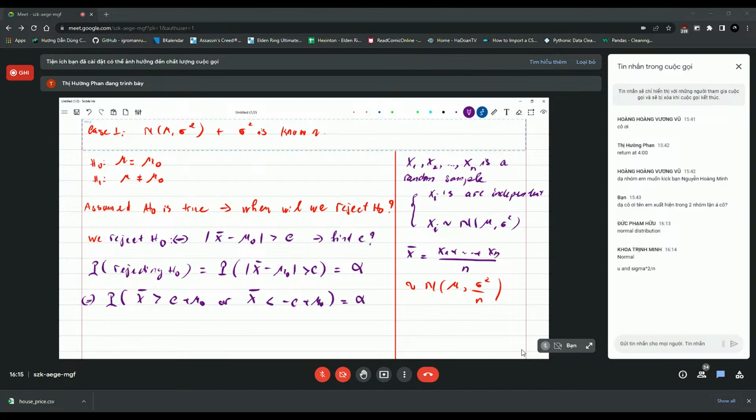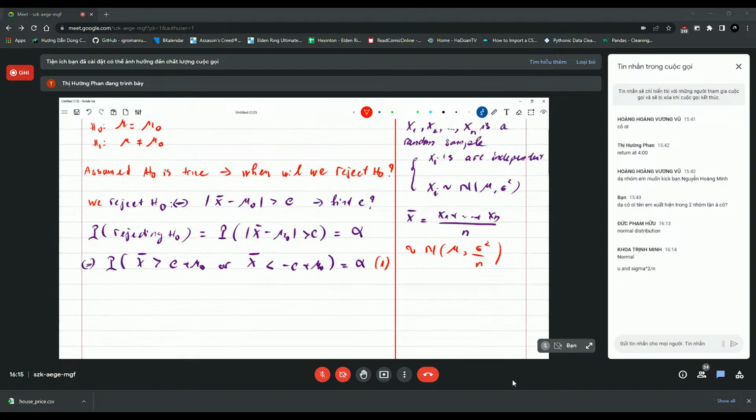Let this be equation 1. We already know the distribution of S bar. Now we calculate the probability where S bar follows a normal distribution.